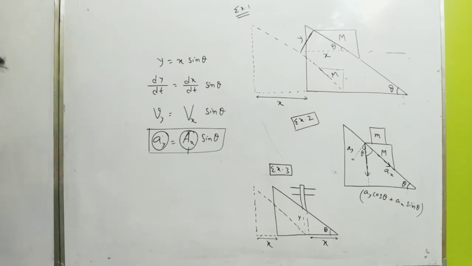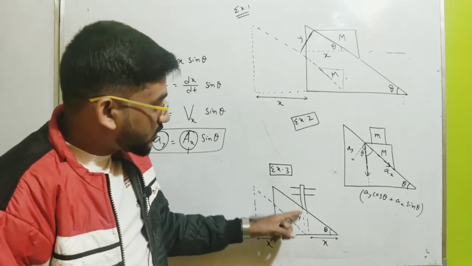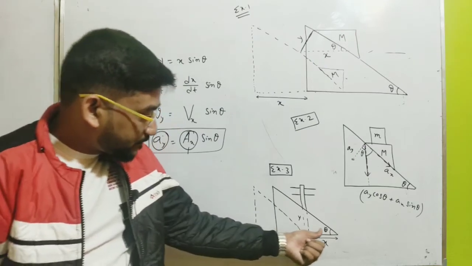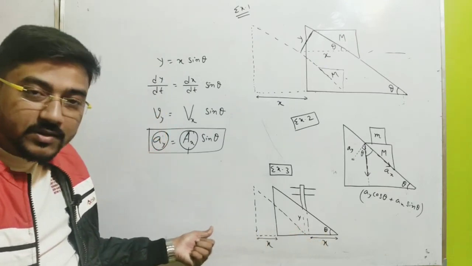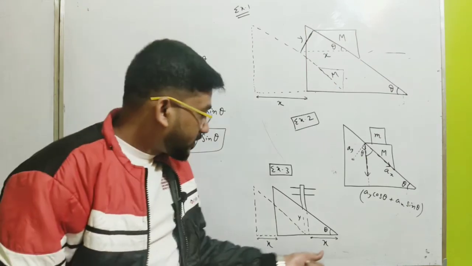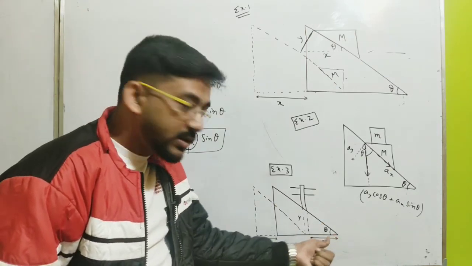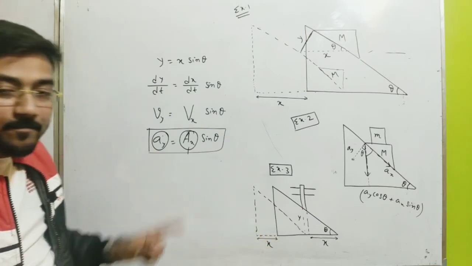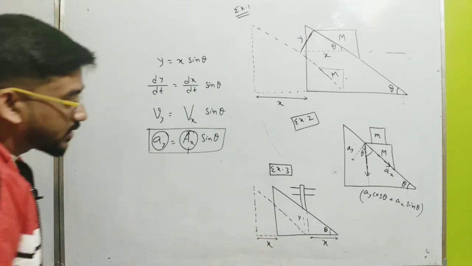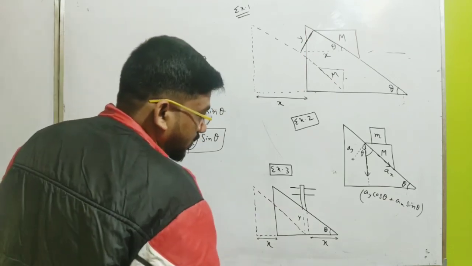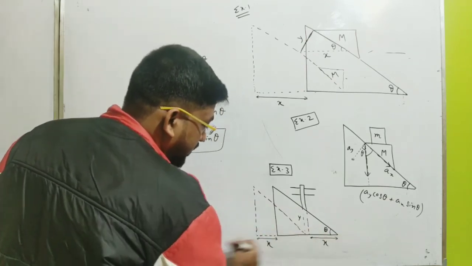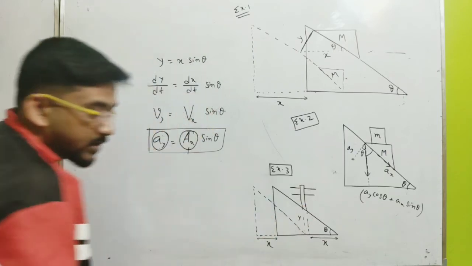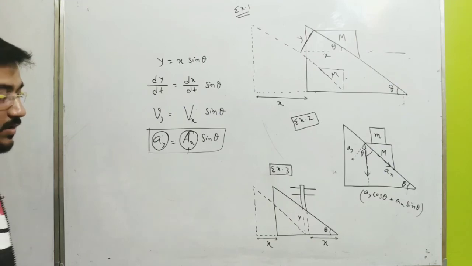And the third one is, here we have to find out the acceleration of this object, and here also when this object is moving downwards, the wedge will be moving along this horizontal direction. If this is the initial position, shown by the solid line, and by the dotted line I have shown the later position, it will move through x along the x axis, and in that time this object will move a distance of y.